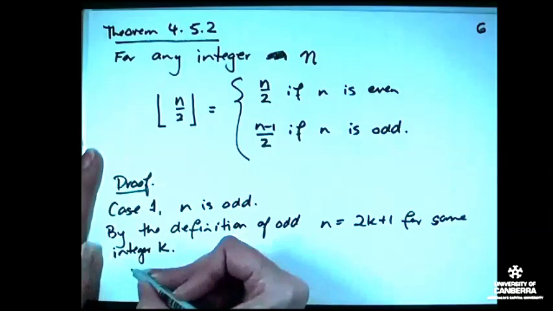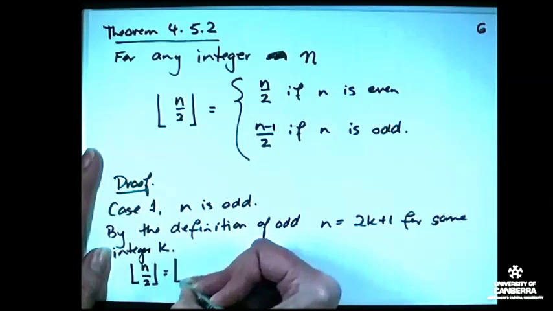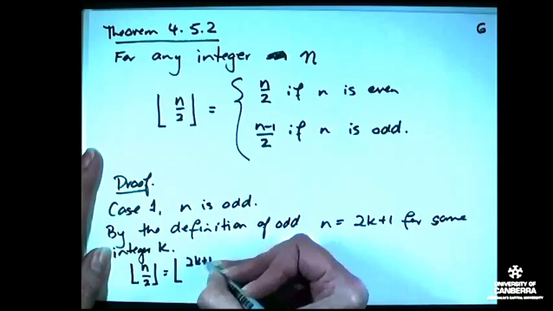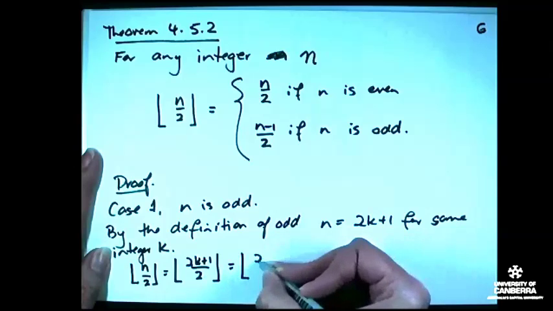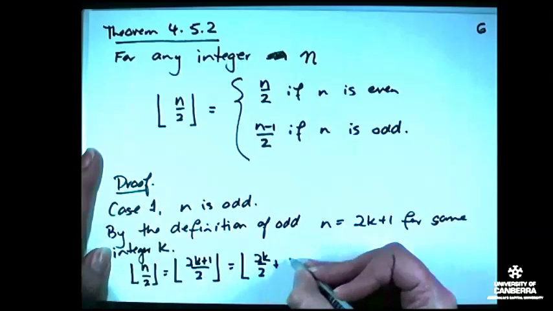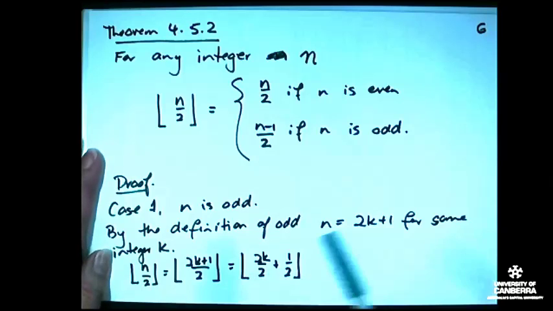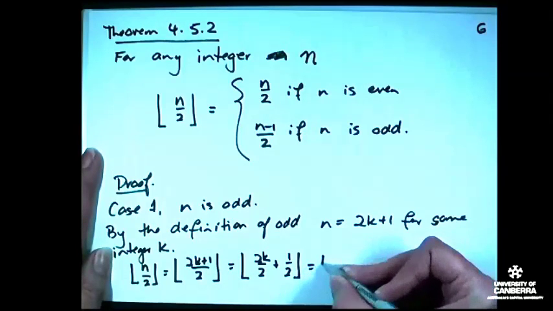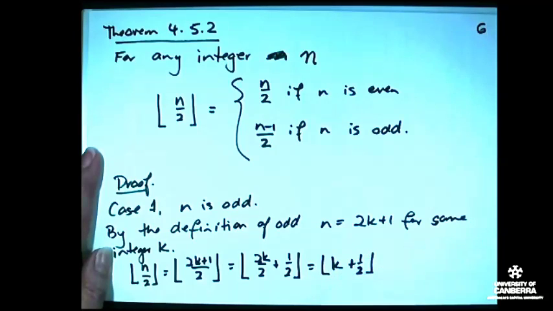So the floor of n over 2 is equal to the floor of 2k plus 1 over 2, which is equal to the floor of 2k on 2 plus a half. Just dividing it up. If you have trouble with this, see me in MASH. This is equal to the floor of k plus a half, which is just equal to k.